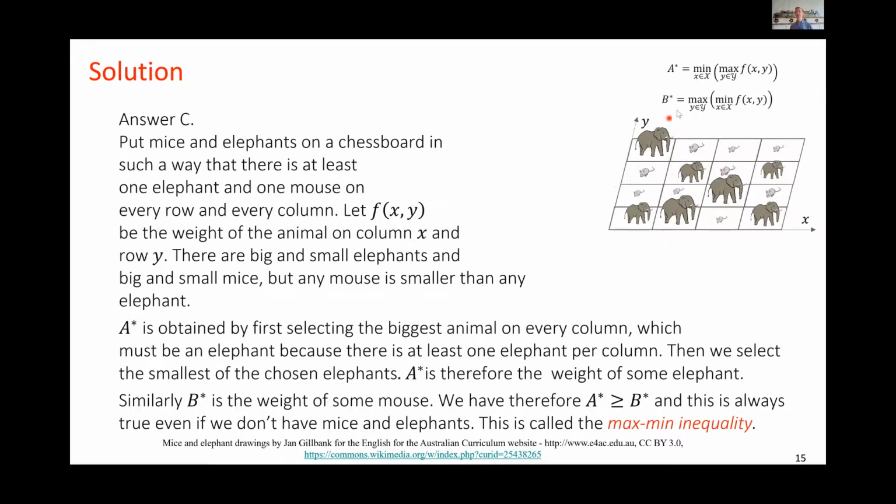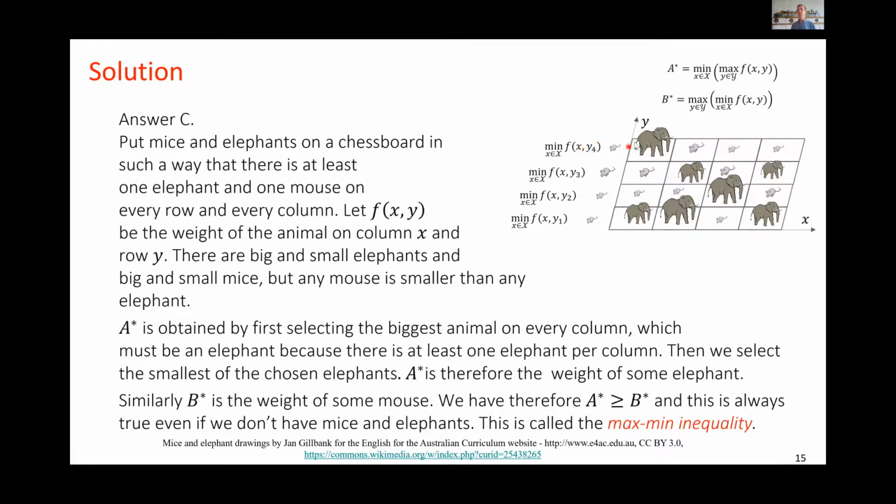So if we look at the first thing, we take the minimum over x first. Well, that means that on every row, we fix y and we take the minimum on this row. We obtain the weight of the smallest animal, which is always a mouse.